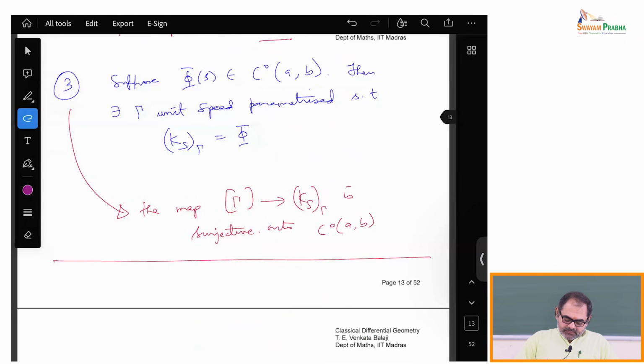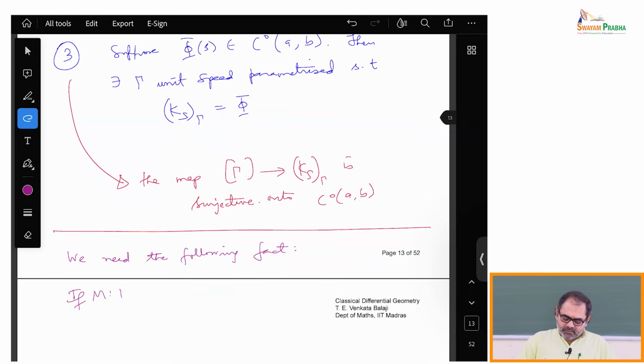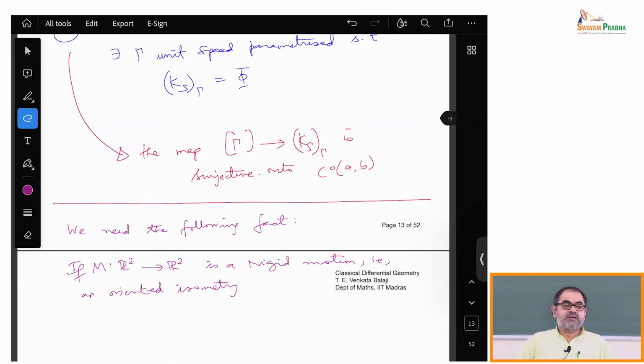So we need the following fact: if M from R2 to R2 is a rigid motion, that is an oriented isometry. Some books and some authors use the word direct isometry, for example Pressley uses the word direct isometry. So direct means oriented.